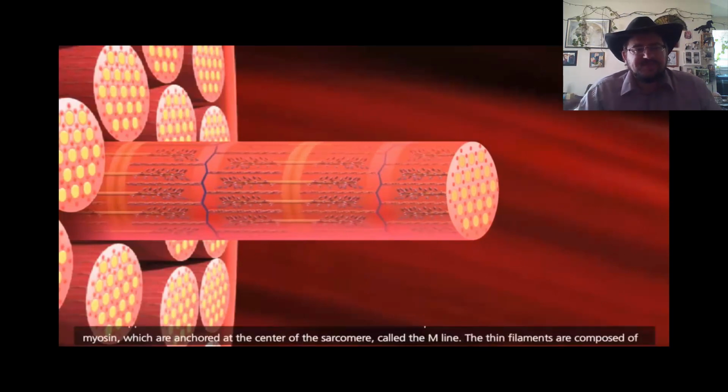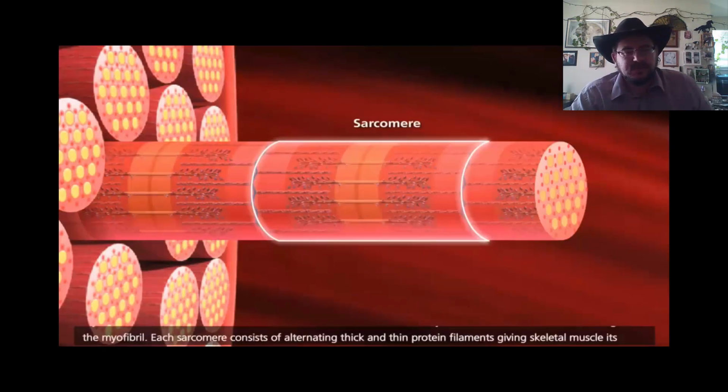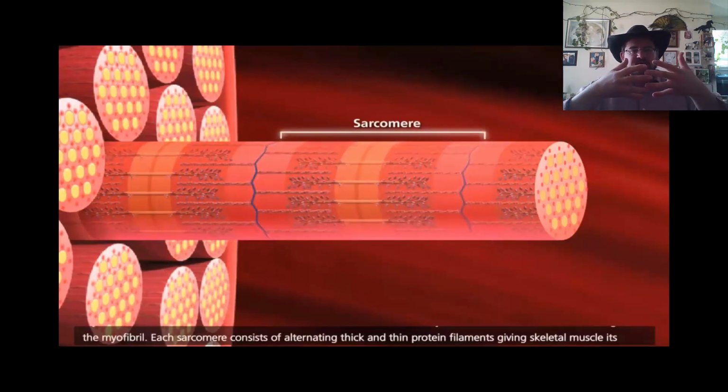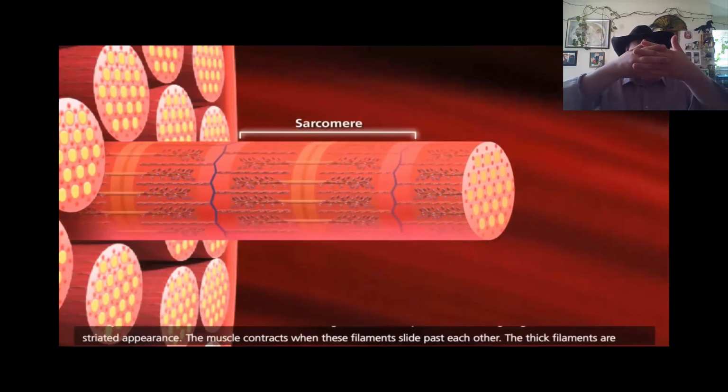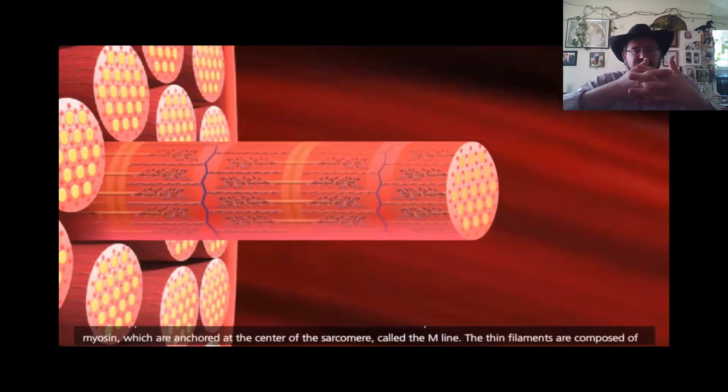The thick filament pulls thin filaments together like this. It's actually really cool. So sarcomere, thick filament pulls the thin filaments along, right? And they slide over each other, and the sarcomere contracts.